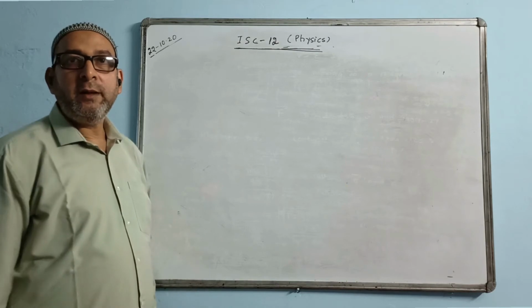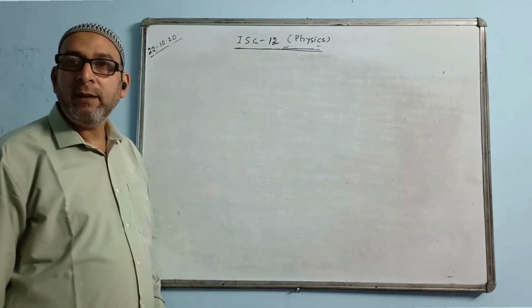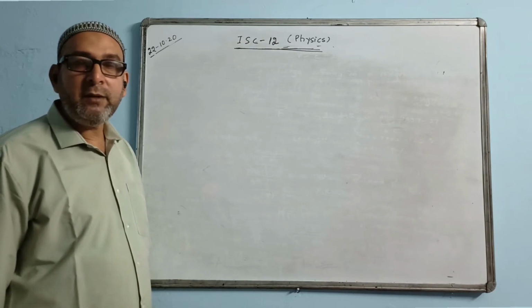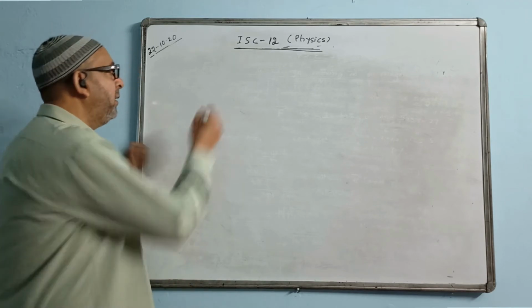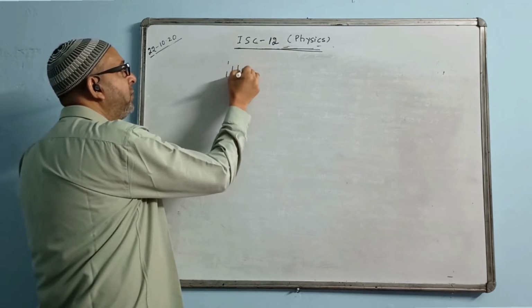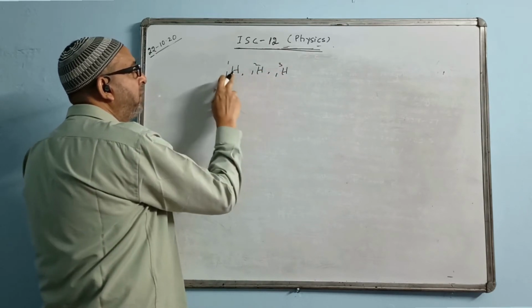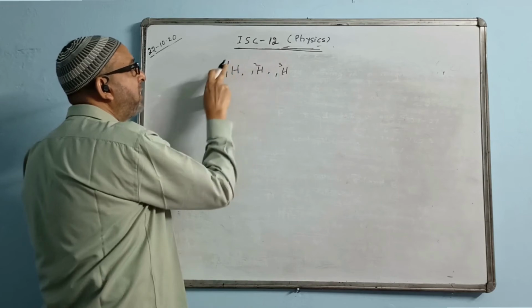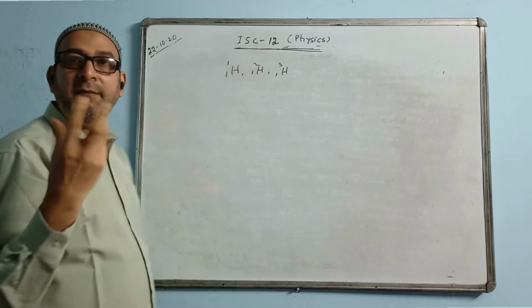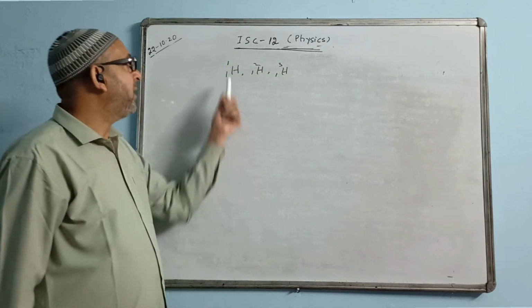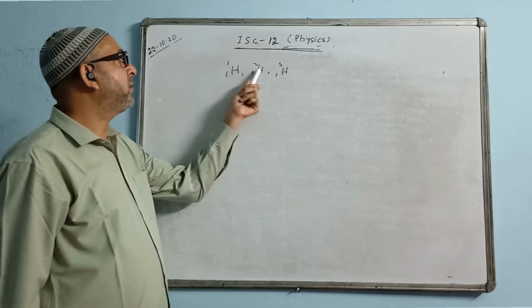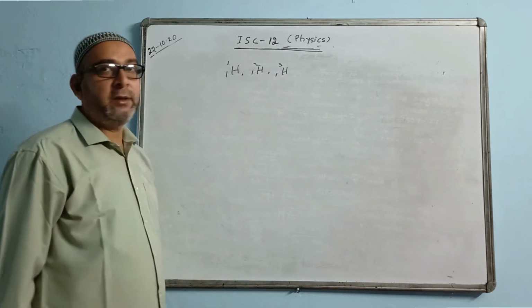What are isotopes? The atoms of the same element having the same atomic number but different mass number. They are different in mass number, so their nuclei will have different masses. The mass of this isotope is 1 unit, of this is 2 units, of this is 3 units.